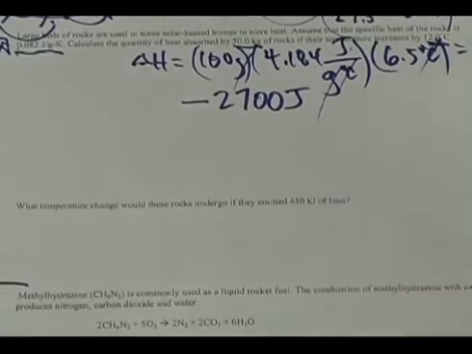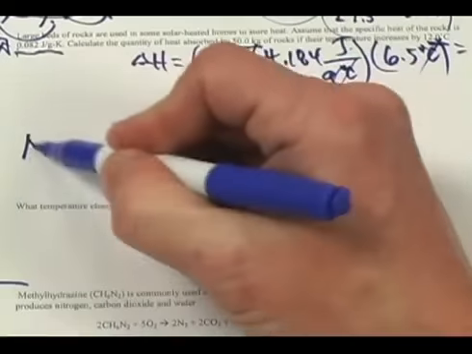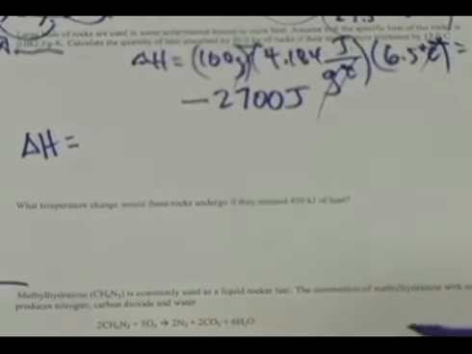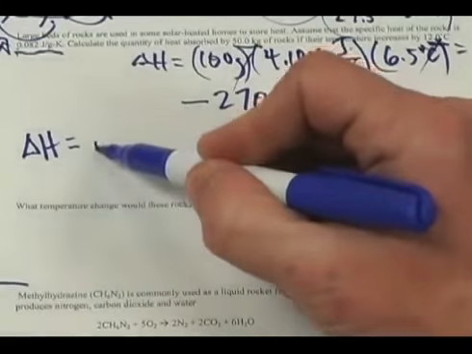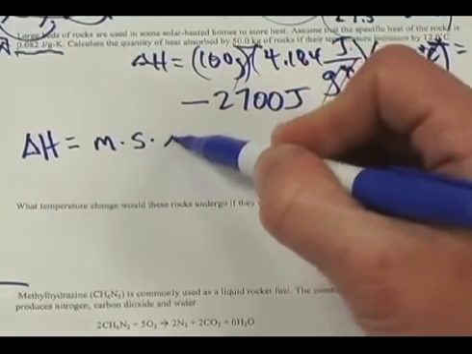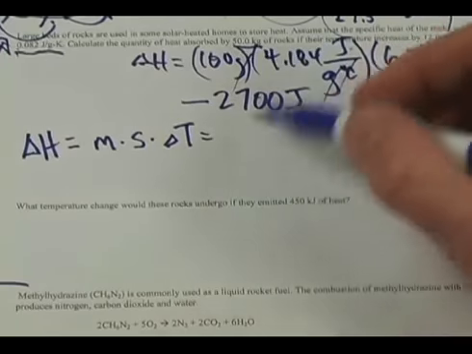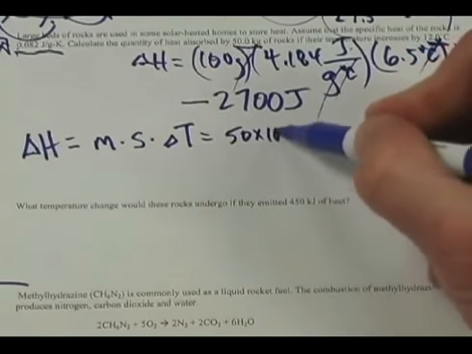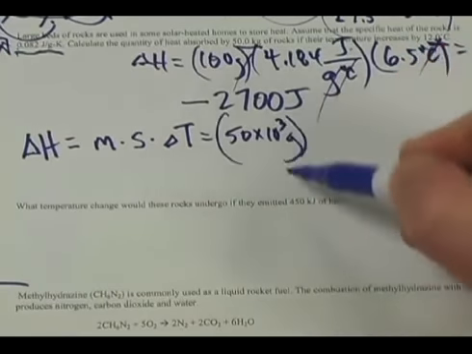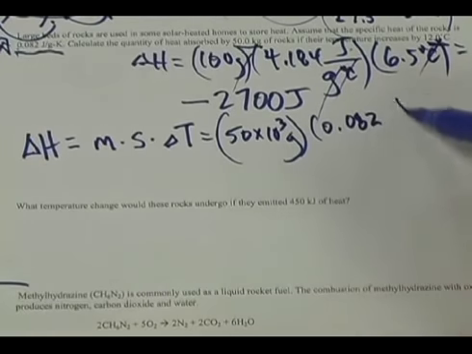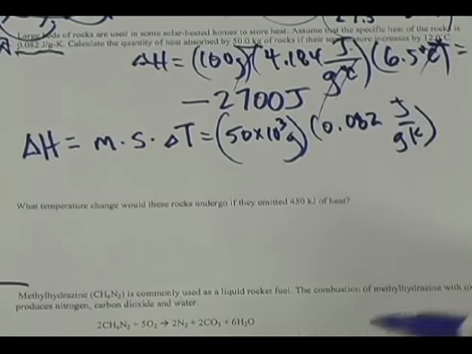So we're going to calculate the quantity of heat, so we're going to assume it's at constant pressure because it's a bed of rocks outside, and this is equal to mass times specific heat times the change in temperature, and we're told that we have 50 kilograms, so 50 times 10 to the third grams of rocks, times the specific heat, which is 0.082 joules per gram Kelvin, times the change in temperature, which was 12.